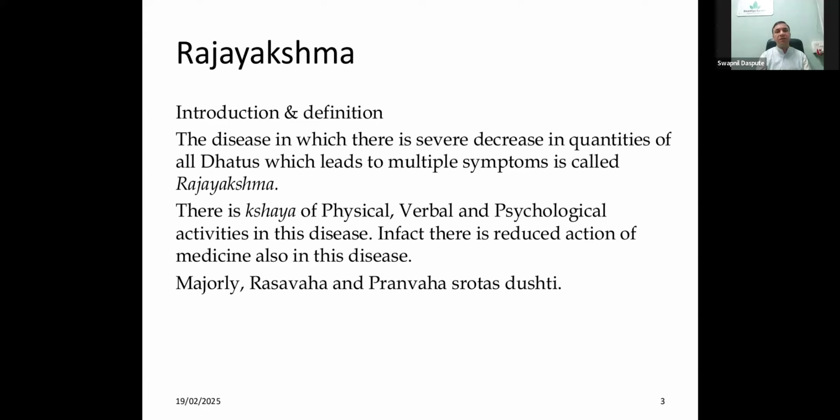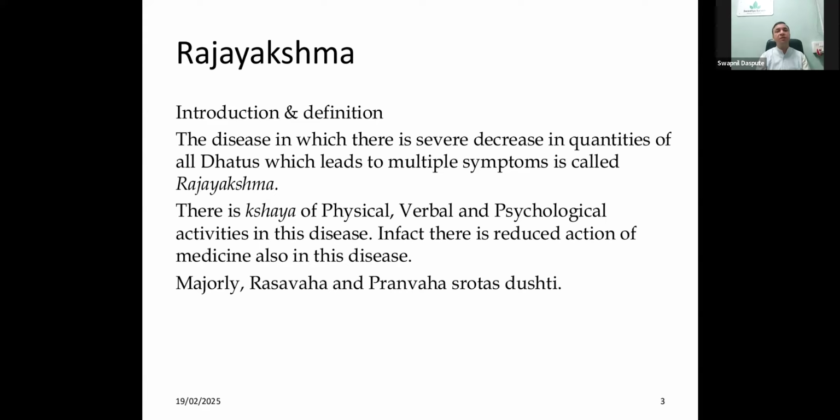So hence it is also called as kshaya because there is kshaya of the physical activity, of the verbal activity and the psychological activity as well. In fact, there is reduced action of medicine also in this disease. So from the treatment perspective, the action of the medicine also is reduced.